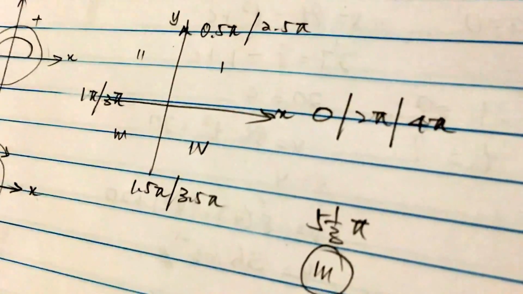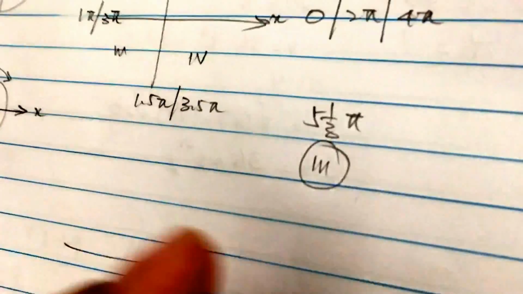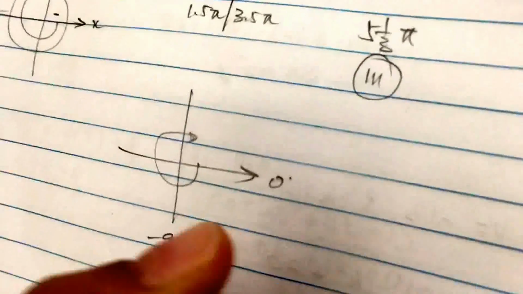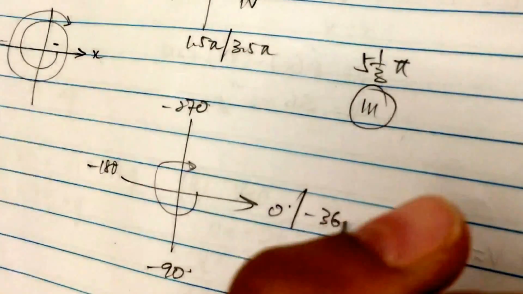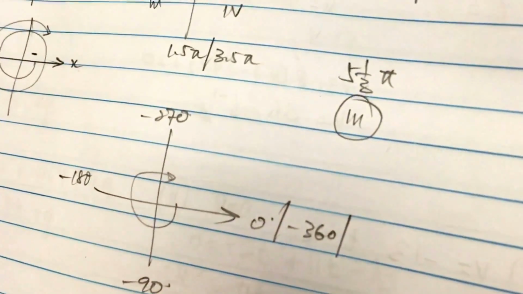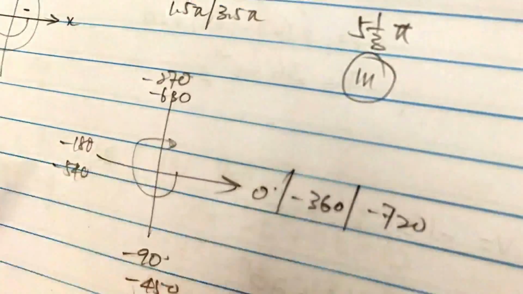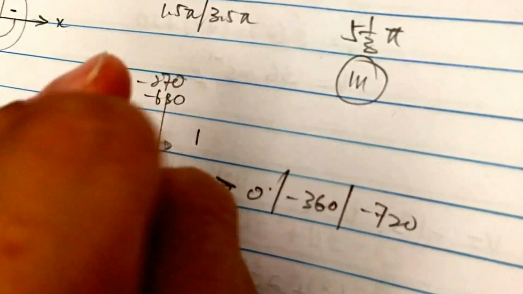Okay? Now when the angle turns clockwise, it will be 0, -90, -180, -270, -360, -450, -540, -630, -720, and so on. It's just the other way around. But the quadrants still remain 1, 2, 3, 4.